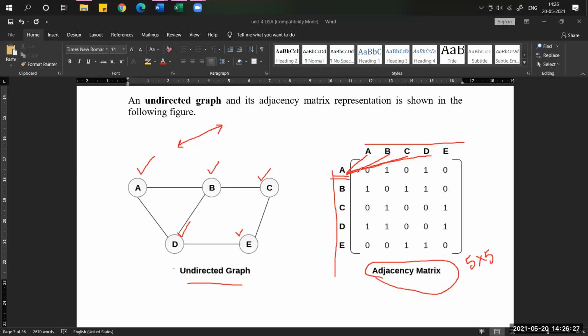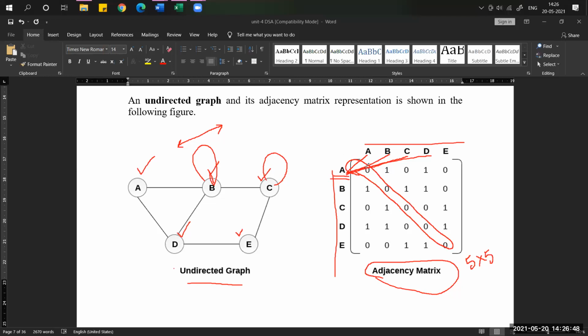Observe the diagonal. This is the diagonal, no? So this is equal to 0. Why? Because there is no self edge like this. Self edge means an edge from a vertex to itself. So from C to C, only if there is an edge is it equal to 1.